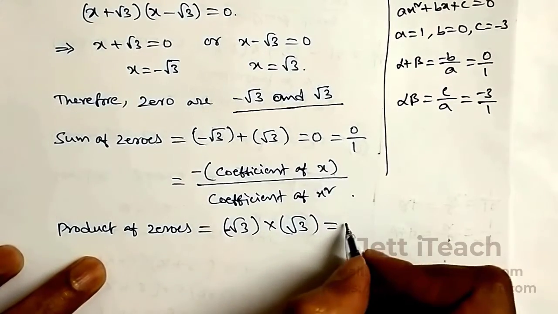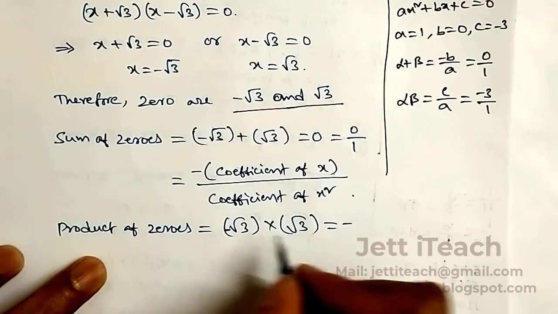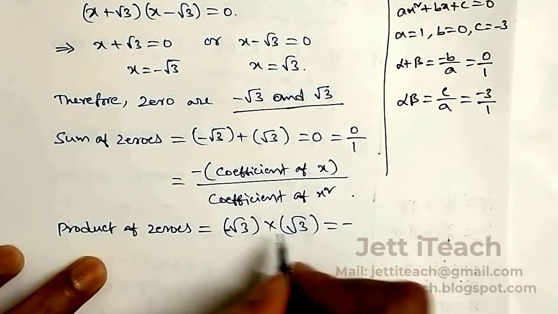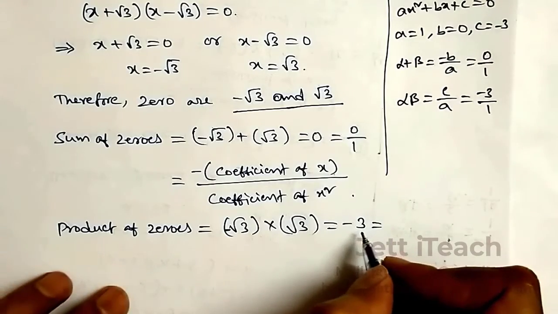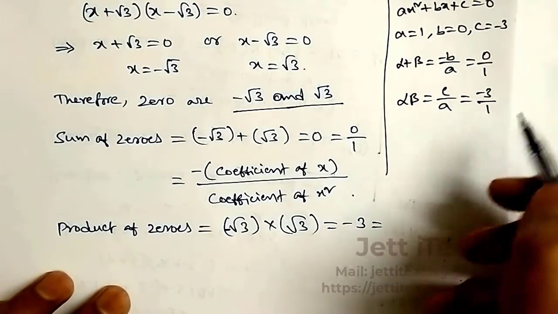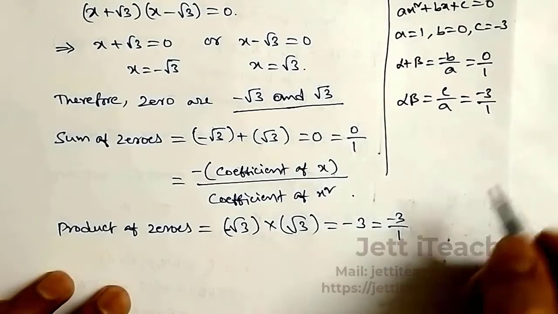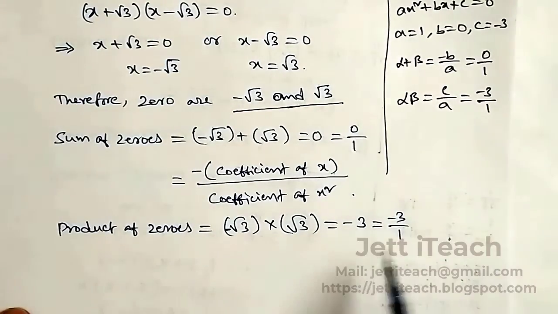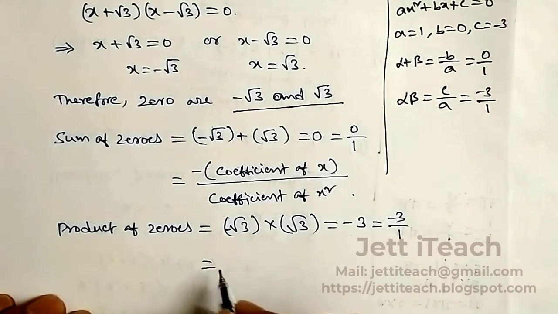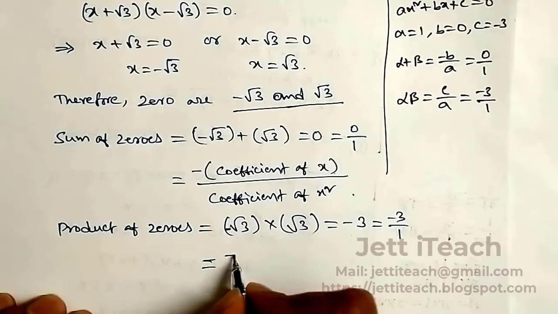You will get minus, and root 3 into root 3 you will get 3. Minus 3 you can write as minus 3 by 1. If you look at these two terms, they are the same.